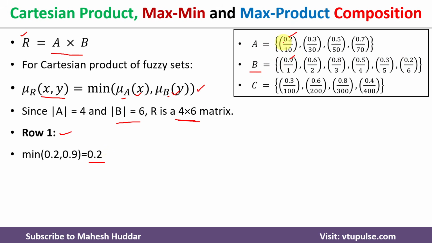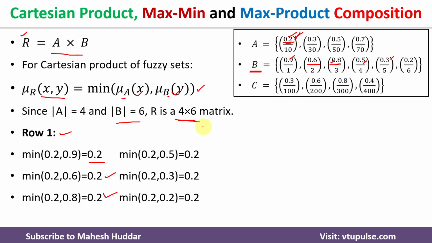Next we compare 0.2 with 0.6, and the minimum value is 0.2. Next we compare 0.2 with the third membership value of the fuzzy set B, that is 0.8. Between these two values the minimum value is 0.2. Similarly, we need to compare 0.2 with the remaining membership values of the fuzzy set B. Once you do this, we will get the first row values as shown.